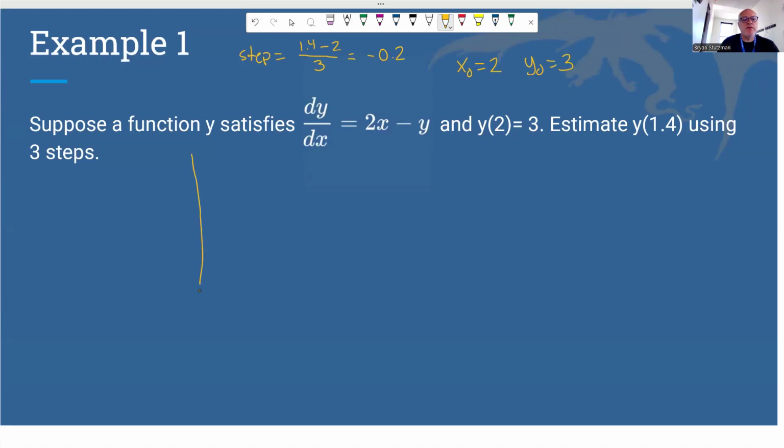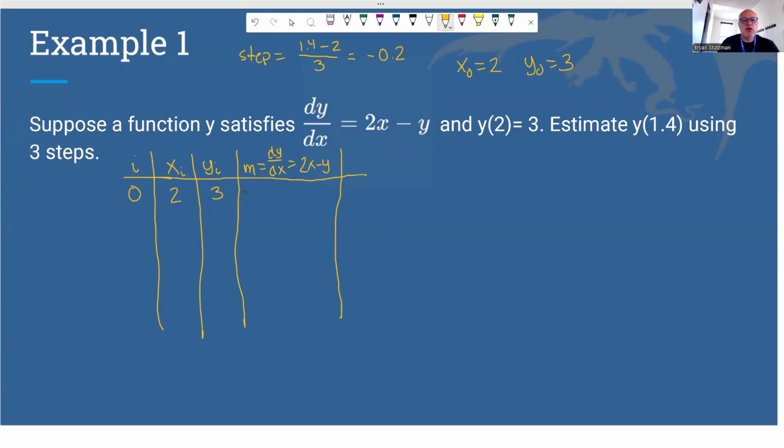And it'd be helpful using Euler's method to go through some steps. So here is step number 0. We start out at x equals 2 and y equals 3. Calculate the slope, which is dy/dx, which in this case is 2x minus y.